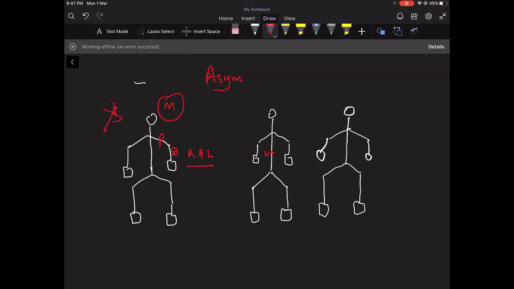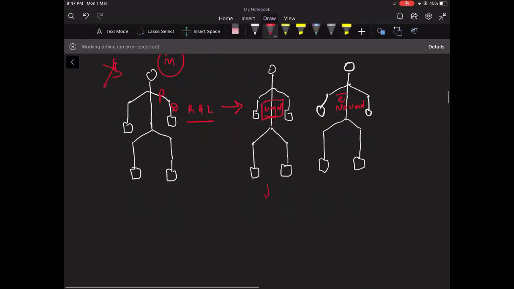It can be further classified into whether the patient is having UMN signs or no UMN signs. If the patient is having UMN signs, then we go ahead with this kind of pattern we see in motor neuron disease.